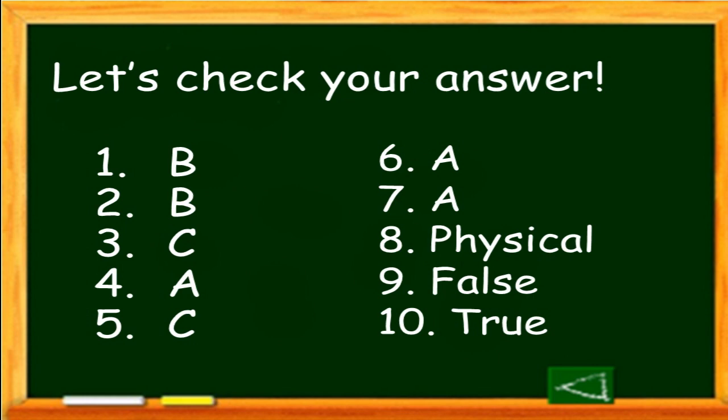A. Number 8, physical. Number 9, false. Number 10, true. Did you get high scores of 10 over 10? Don't worry, because we are going to start our lesson for today.